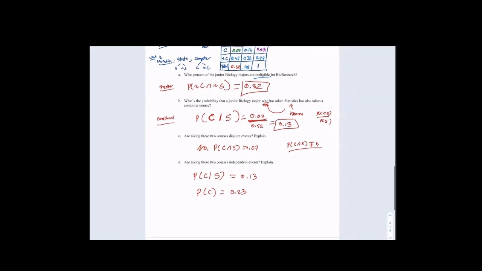Are these equal? No. So the answer is no. The probability of C does not equal the probability of C given S. And that's it.